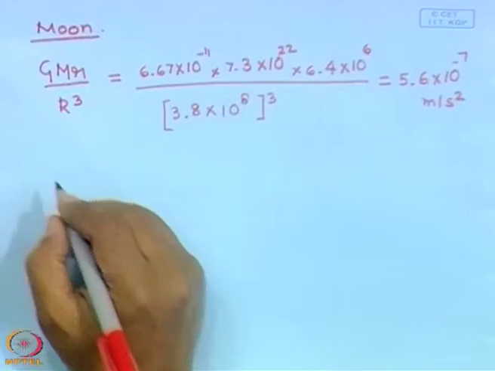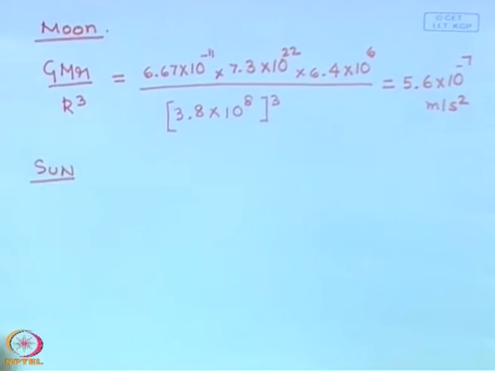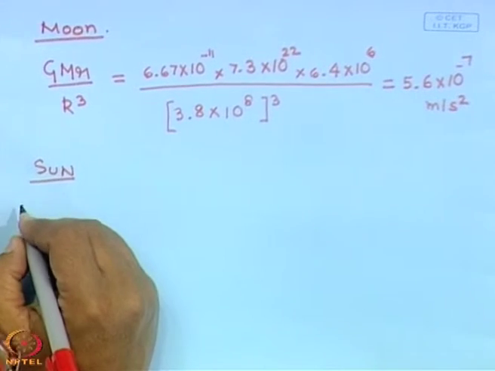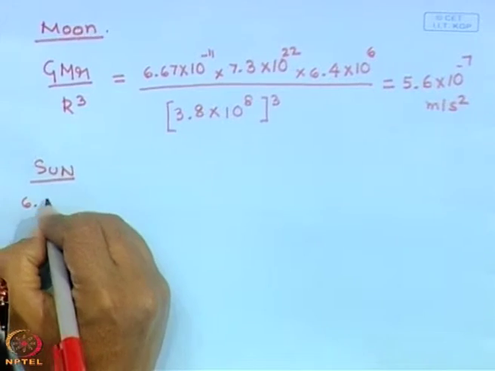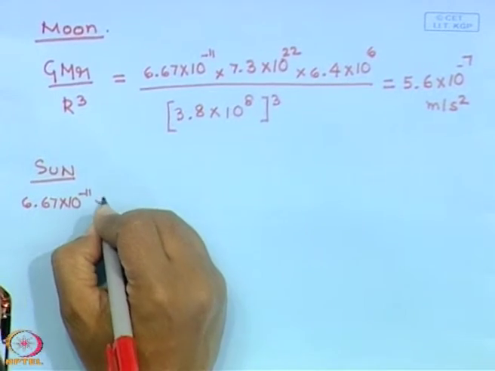Okay. Similarly, now let us estimate that for the sun. So, what is the tidal acceleration that it produces on the earth? So, 6.67 into 10 to the power minus 11 into the mass of the sun.